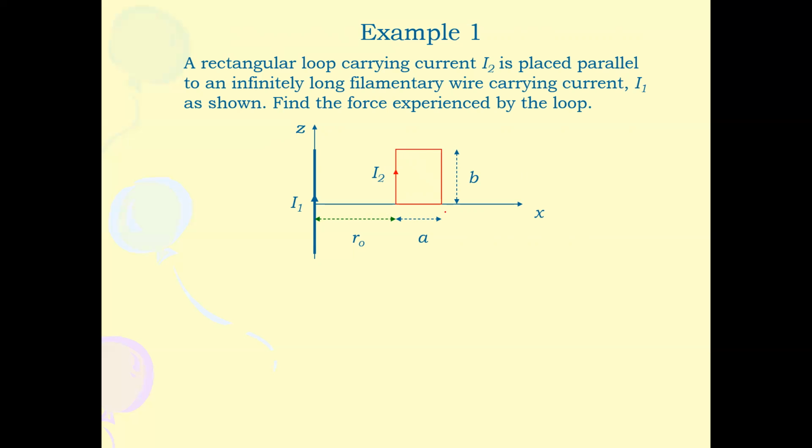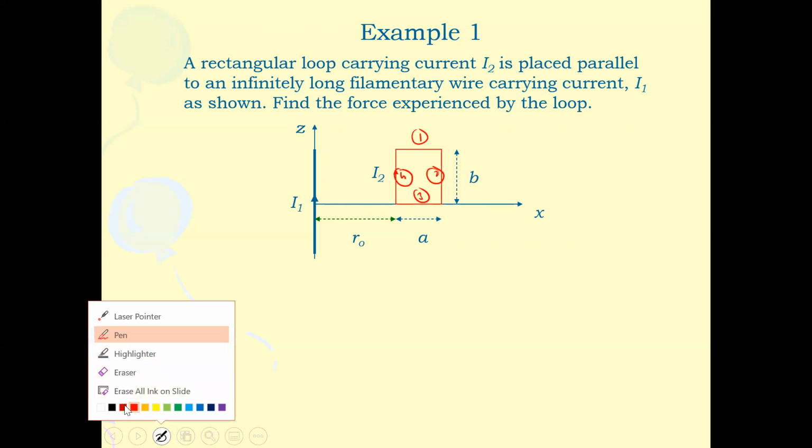Okay, so in order to find the force experienced by the loop, we can separate this loop into 4 different sides. So we have side number 1, side number 2, side number 3, and side number 4.